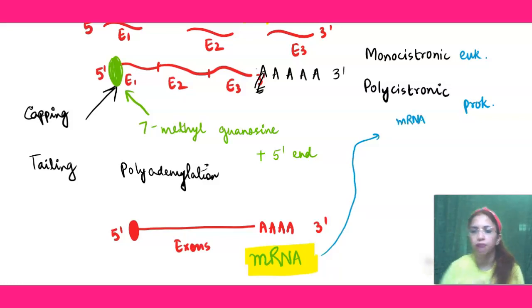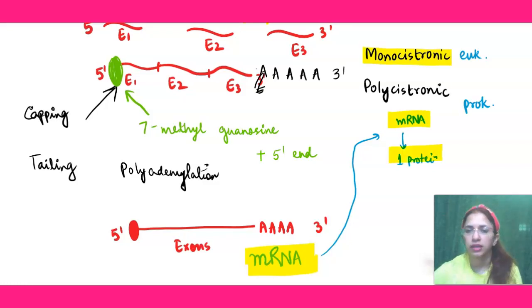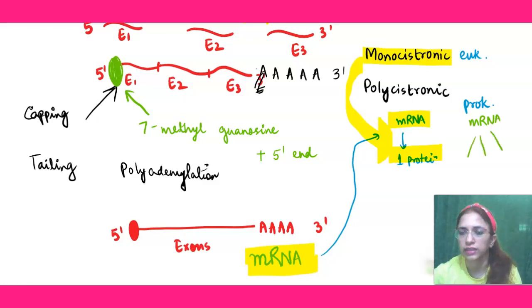So if you have one messenger RNA and it is synthesizing just one protein, then it is going to be monocistronic. This is the case in eukaryotes. But when one messenger RNA is there and it is synthesizing many proteins, then the case is known as polycistronic.